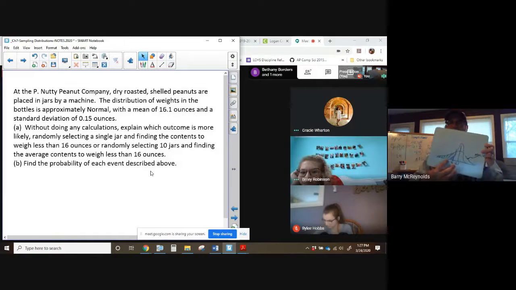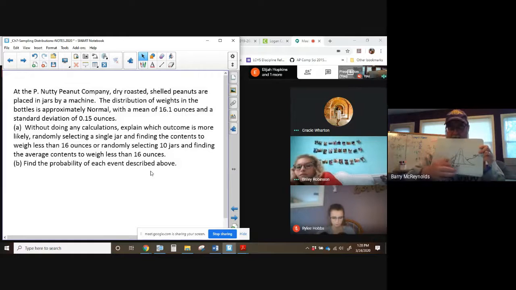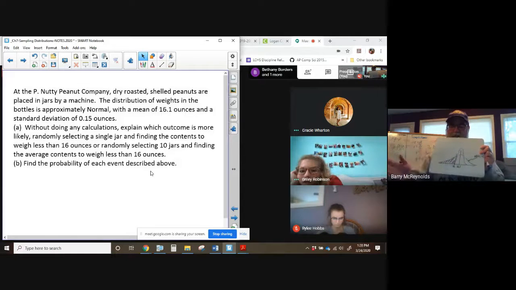The purple portion is the probability of pulling 10 jars off at random, weighing all 10 jars and getting an average less than 16. Looking at the area under the curve, the likelihood of getting an average of 10 less than 16 is much smaller than the likelihood of getting a single value less than 16. So conceptually, that's what's going on here.